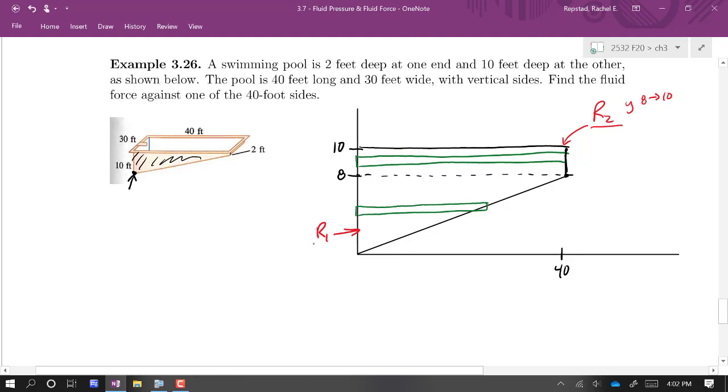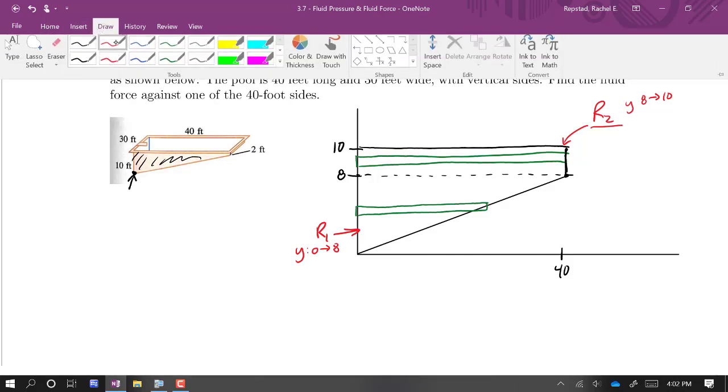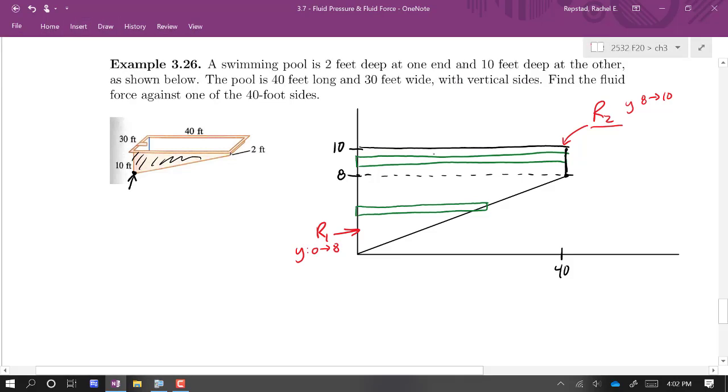With region 1, y goes from 0 to 8. So for region 2, L of y is 40, right? That's the fixed distance at the top. And h of y, the depth, is top minus bottom.